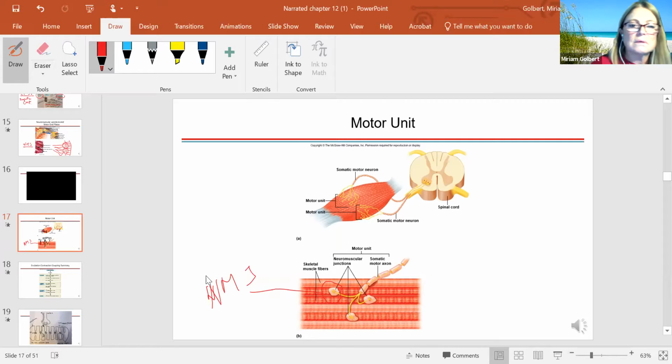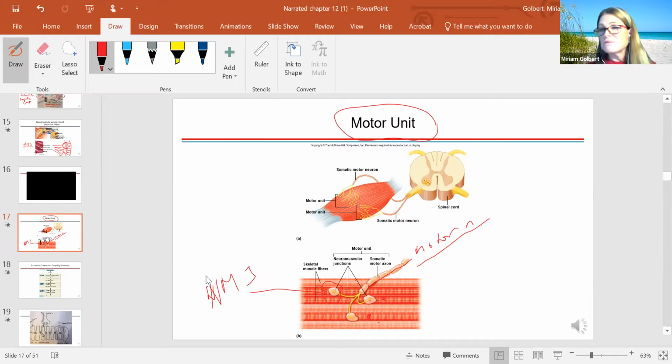This is an N, okay? Now, a motor unit is a motor neuron. So we have my motor neuron here coming with the axon and all the fibers that it innervates. So if you see, this motor neuron is innervating this fiber, this fiber, this fiber.